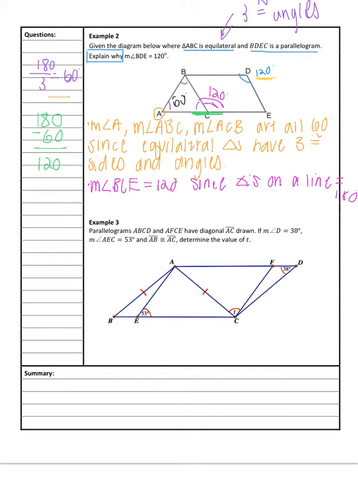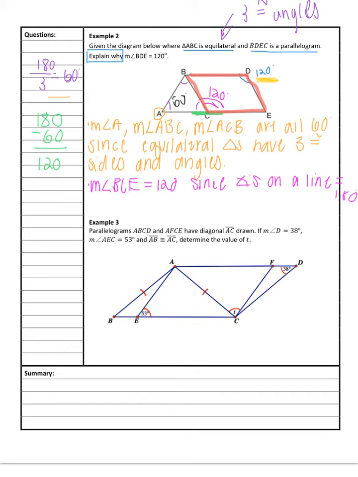Our goal, again, is to figure out why this angle over here is 120. But now if we take a step back and focus on the fact that the question said we have a parallelogram from B, C, E, and D, well, we would consider this angle down here that we just figured out, that 120.